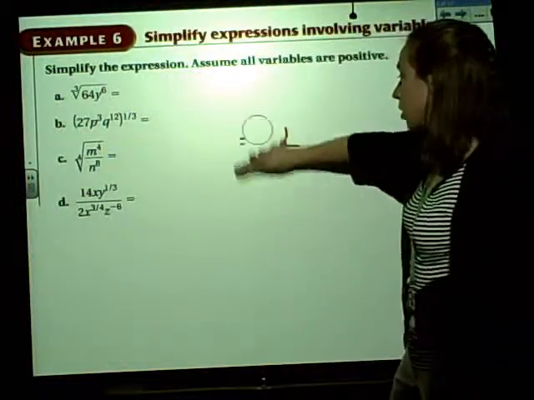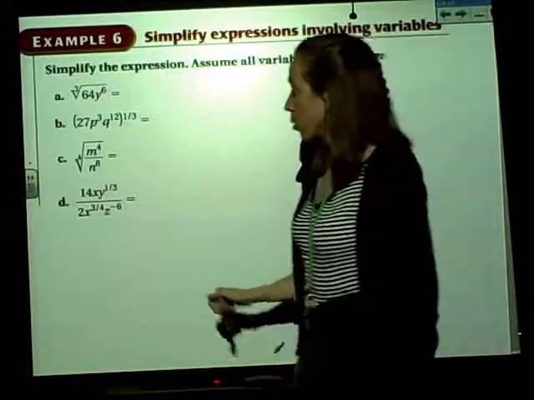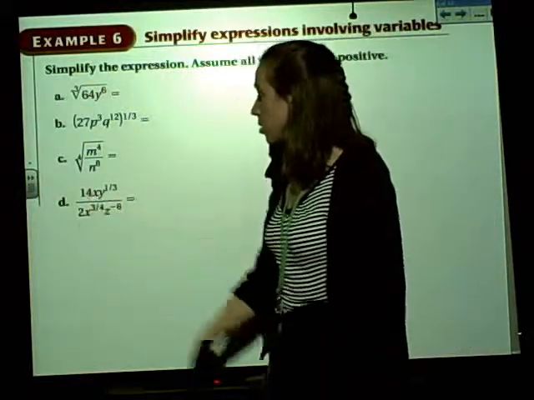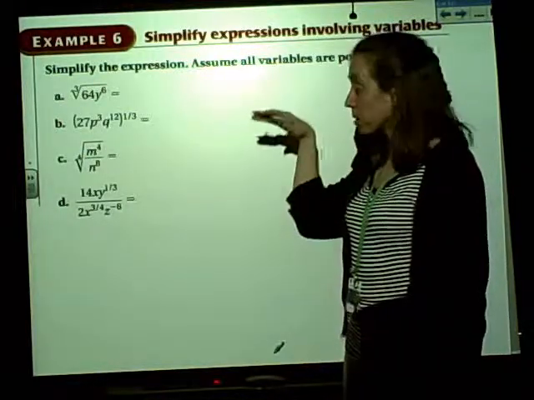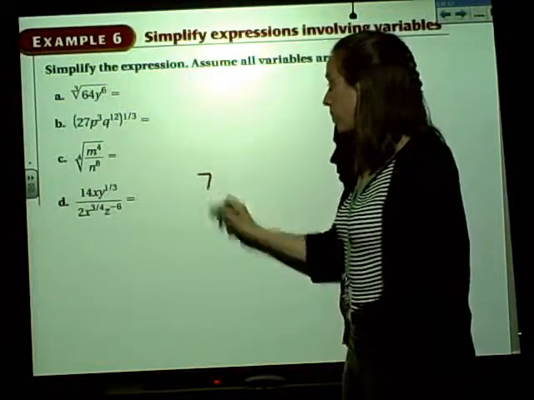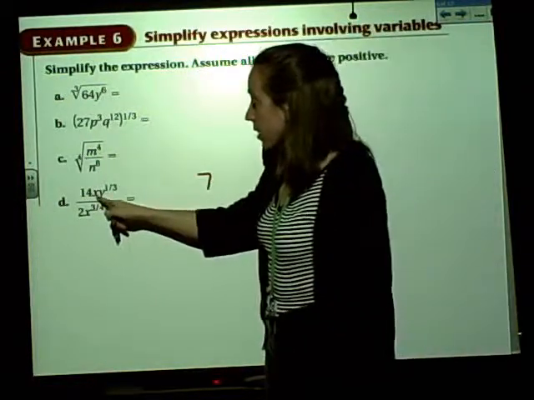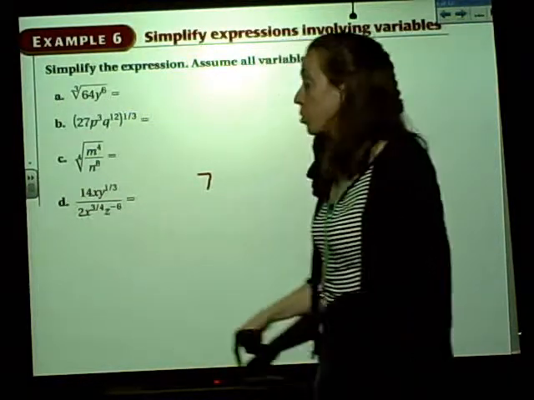For D, we have a lot going on. We're going to take it piece by piece. We're going to start with our numbers, 14 and 2. We can divide those really nicely. The big is on top, so we always go top divided by bottom. 14 divided by 2 is just 7. Now let's look at those x's. We have an x on top and an x on bottom. That's our quotient rule.